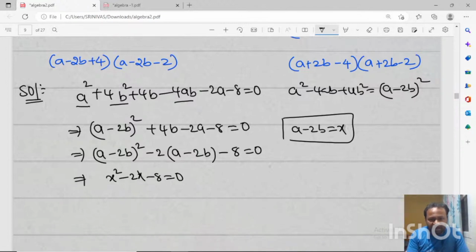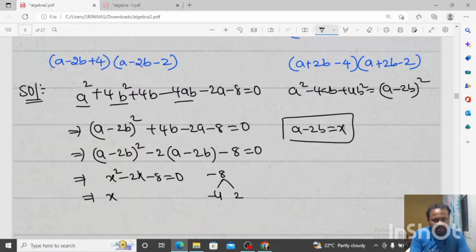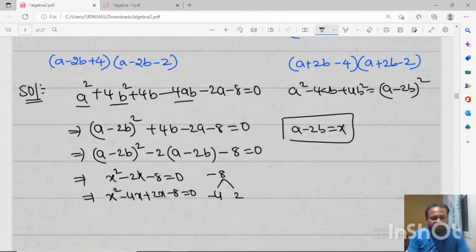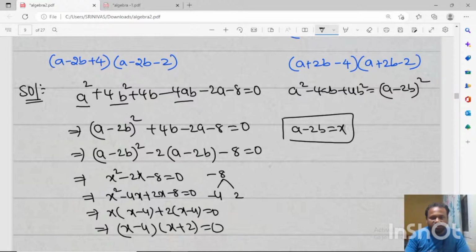Now we can find it by splitting minus 8 as minus 4 times 2, so x square minus 4x plus 2x minus 8 is equal to 0. Then x common: x minus 4 plus 2 common x minus 4 is equal to 0. So x minus 4 into x plus 2 is equal to 0.